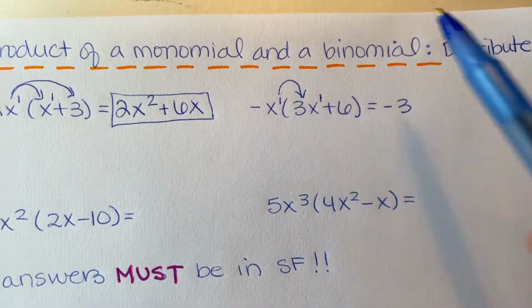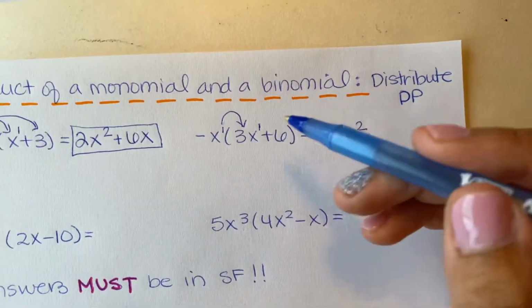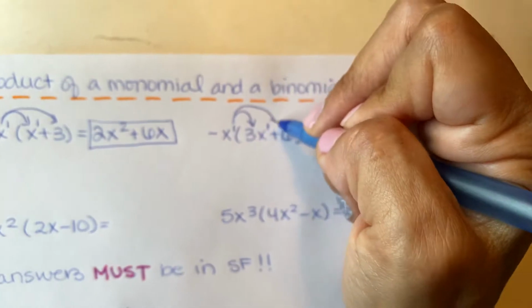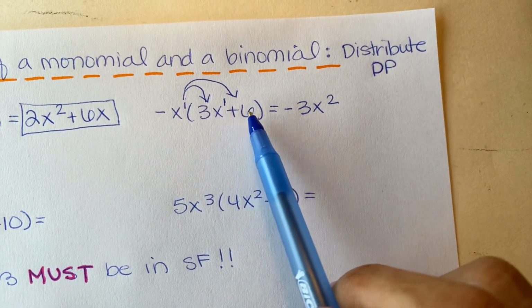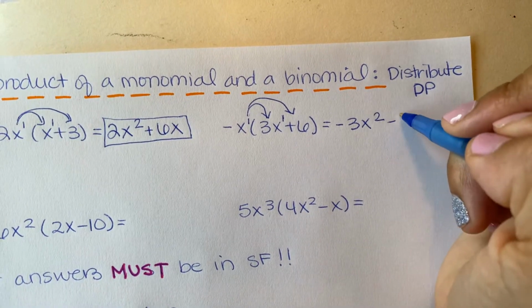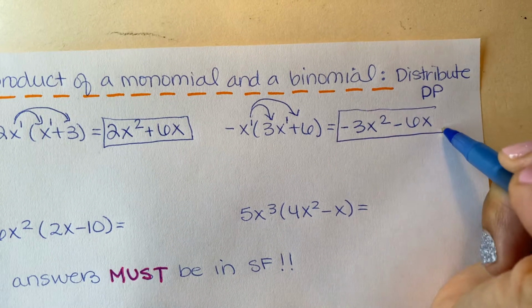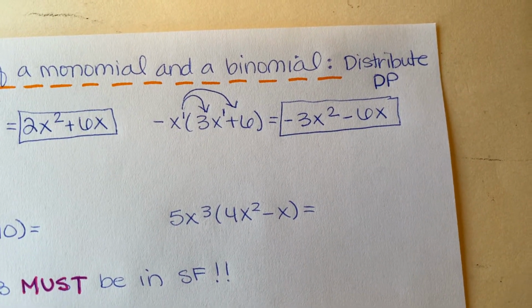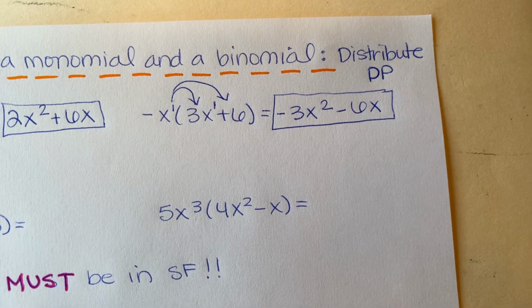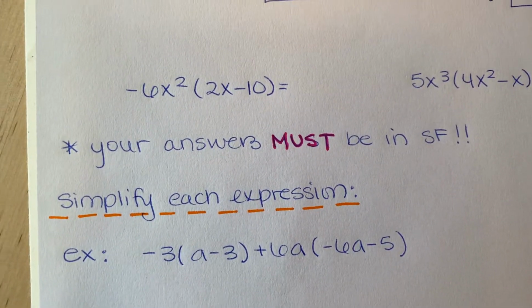So 1 plus 1, x squared. Now the next term, the positive 6. Negative x times positive 6 is negative 6x. And this is your answer, which is a binomial, right? So far, so good. Okay, remember, we're just repetitive multiplying.